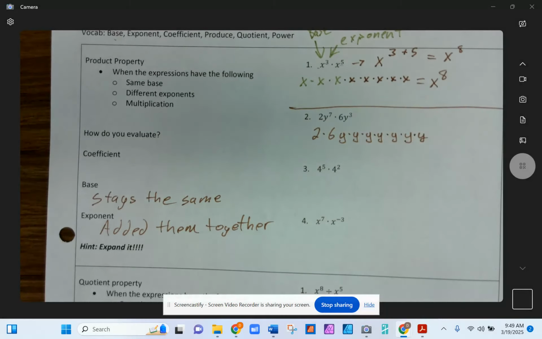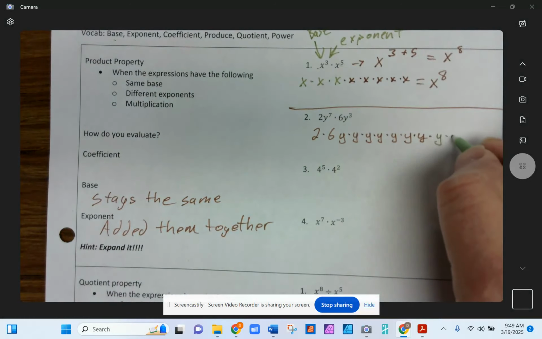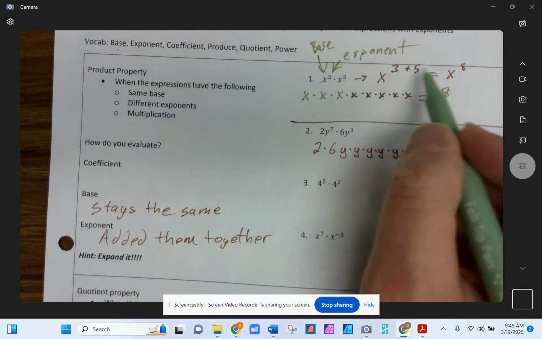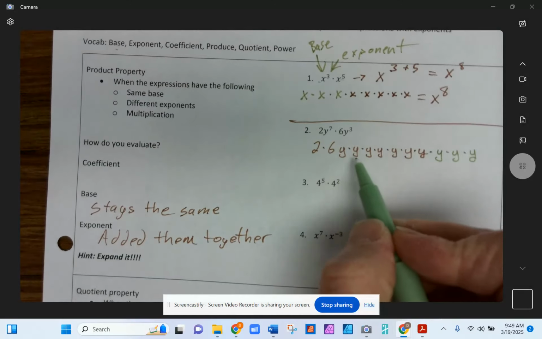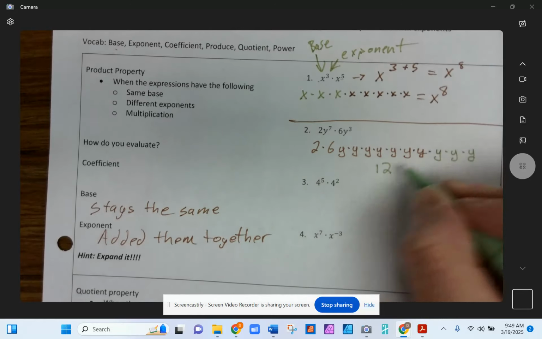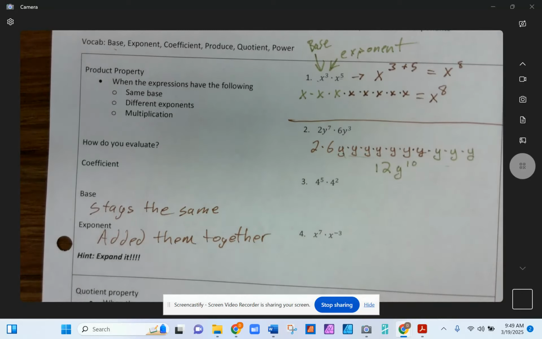I think it is useful at the beginning when we start talking about this stuff to write it out in expanded form, but once you get used to it, you should realize that you can just show your work like this, as a more simplified way. But let me make sure I've got 7 y's. 1, 2, 3. Yep, okay, so 2 times 6 is going to give you 12. And then I've got 10 y's here. So I just do it like that.